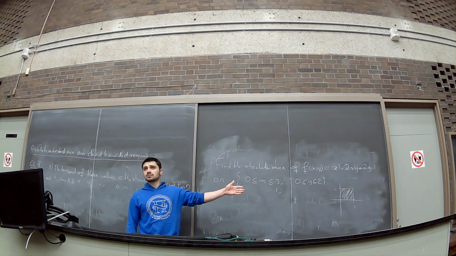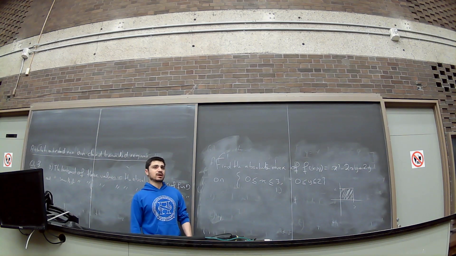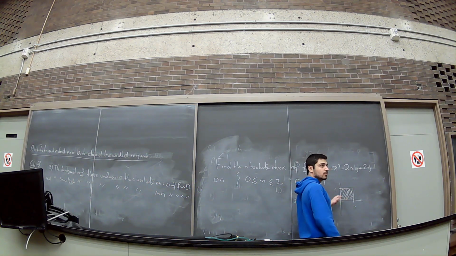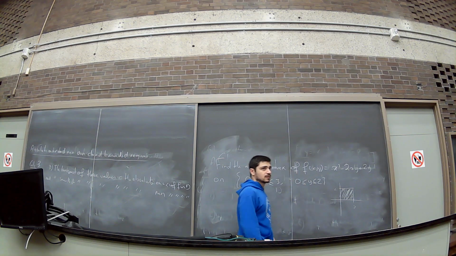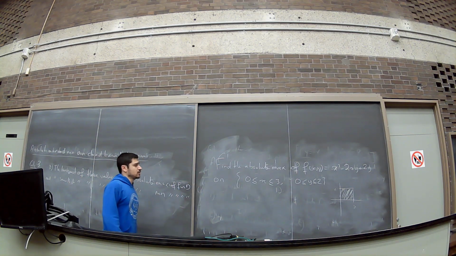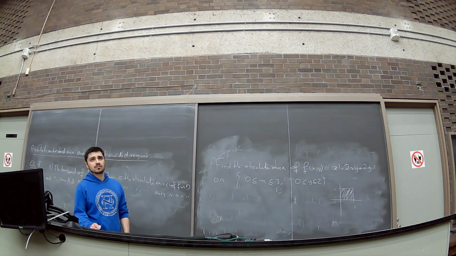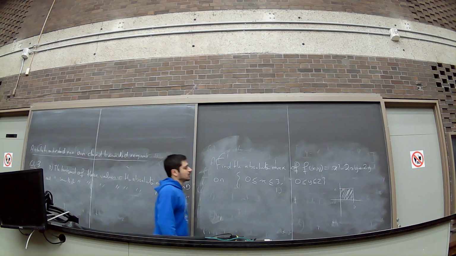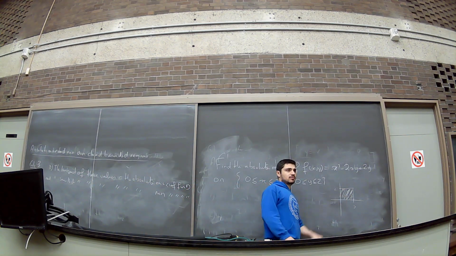It contains its boundary, which is the rectangle. And F is continuous. So what do I know? That F has an absolute max and an absolute min in here.